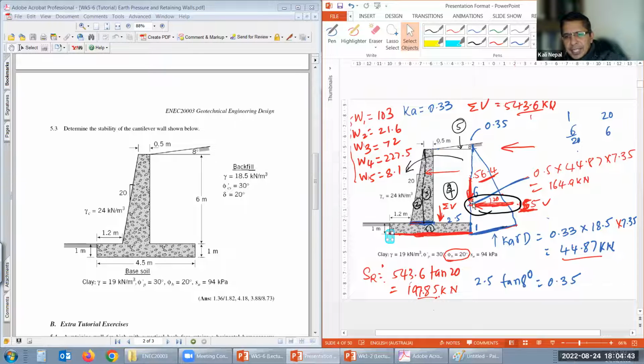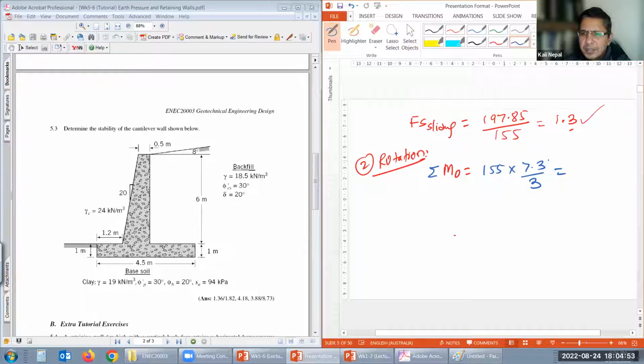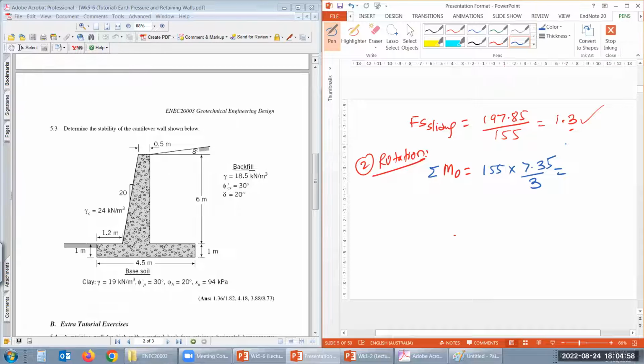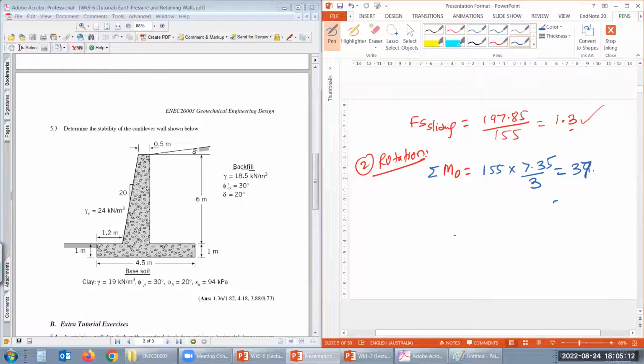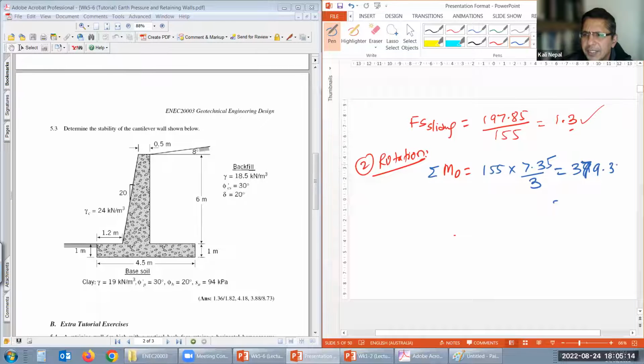So 155 times the distance from the bottom, 7.35 divided by 3. 155 into 7.35 divided by 3 gives 379.75. It's a kilonewton meter, right? That's the overturning moment. How much is resisting now?